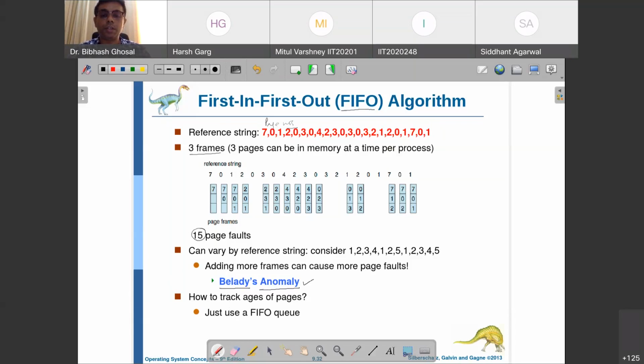You will see that there is an example where, given a string and 3 frames, when you increase it to 4, you will actually find that the number of page faults increases. So that's kind of an anomaly. It should not happen, but it does. So this is the algorithm that I wanted to mention.